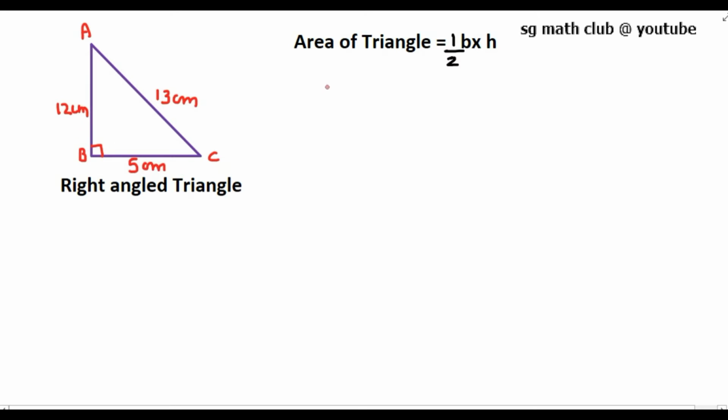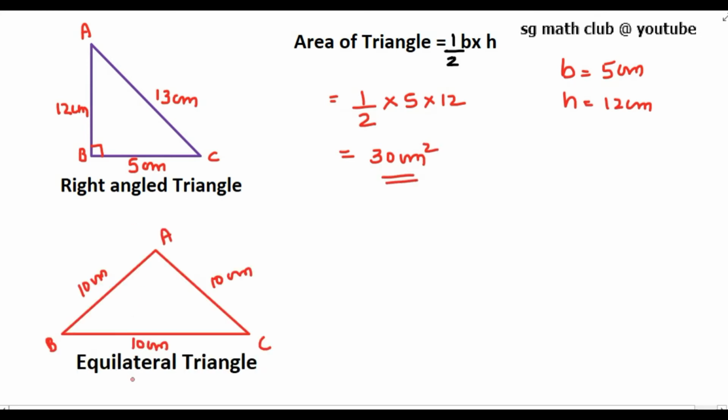Here base is 5 cm and height we can take as 12 cm. So area of this triangle is equal to half into base into height, which is equal to 30 cm square.